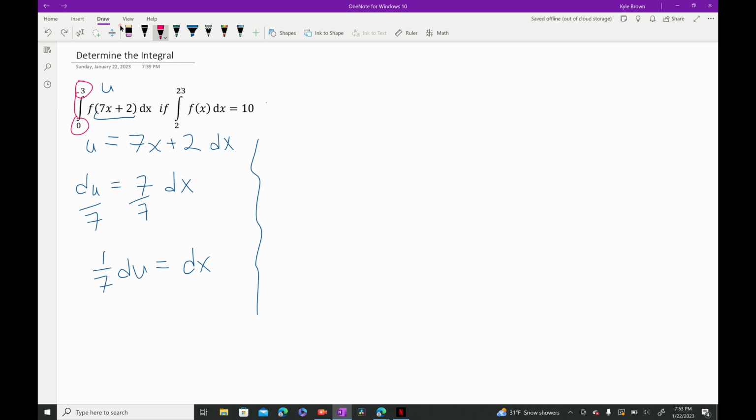So we're going to end up with this. When x equals 3, we're going to have 7 times 3 plus 2, and this is going to equal 21 plus 2, which becomes 23.